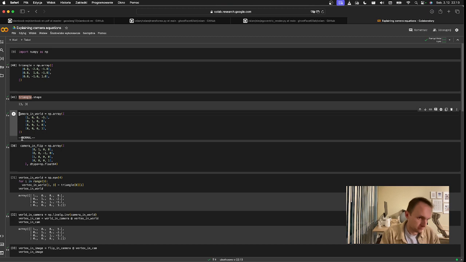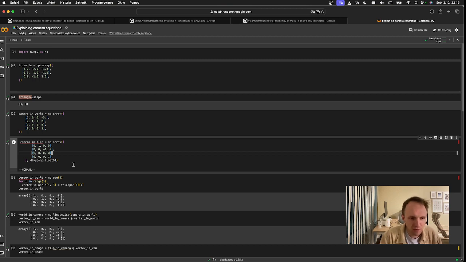It's 3 by 3. That's true. And then position of camera in the world is -5, 0, 0, so pointing towards x direction, at x equals -5, at y equals 0, z equals 0, right? That's how it works.